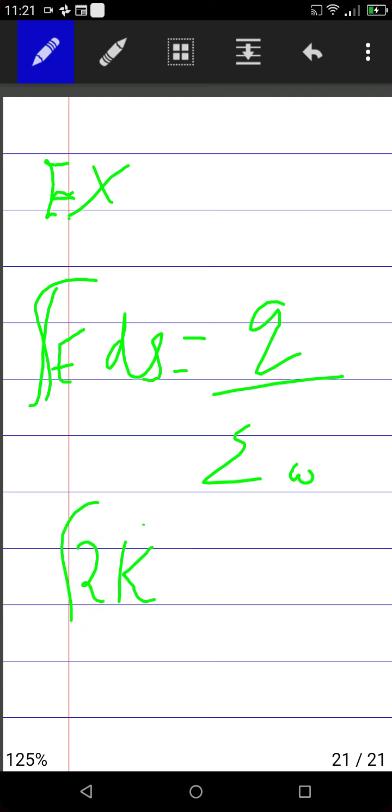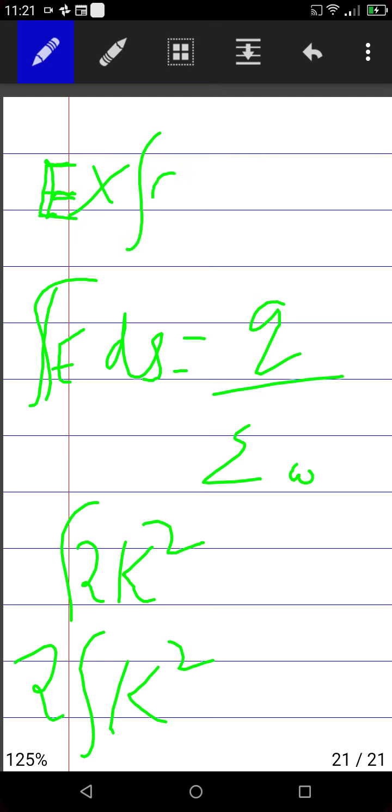Just as when we write 2k square, we take 2 outside because 2 is a constant, here also the electric field is constant, so we can take it outside. Now I have taken E outside, so we have to integrate ds, and this is equal to Q by epsilon naught.